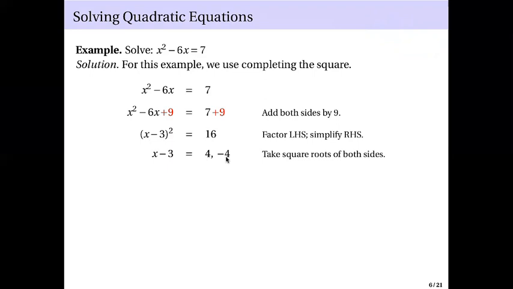You will have x minus 3 equals plus or minus the square root of 16, and that square root of 16 is 4. So you have plus 4 or minus 4, but that's equal to x minus 3. Following?